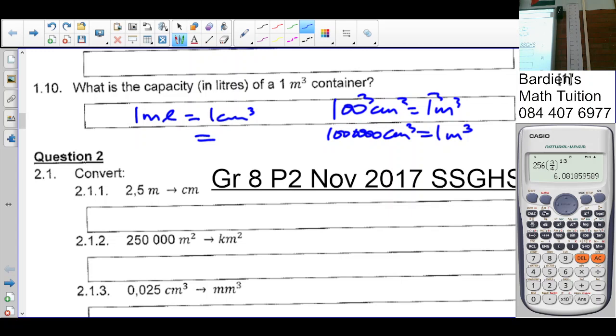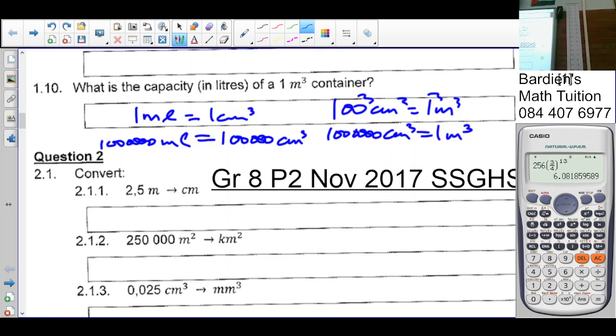So if you got 1,000,000 centimeters cube, it is equal to how many milliliters? 1,000,000 milliliters, using this ratio.